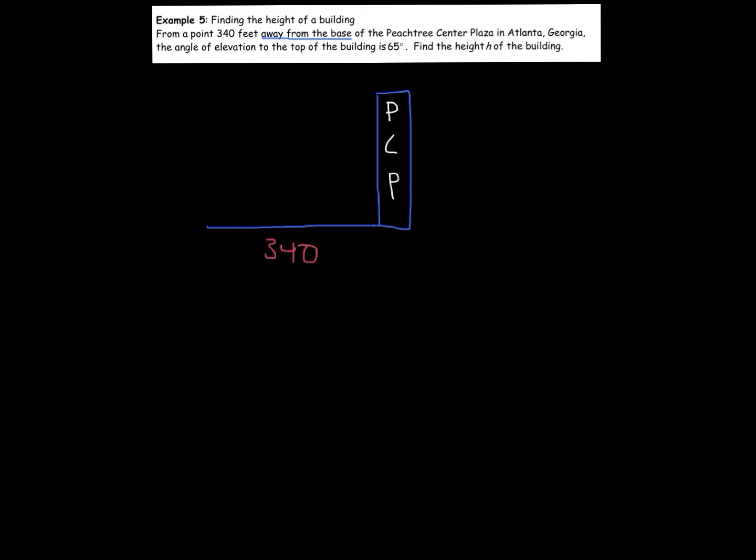The angle of elevation is nothing more than the angle from somebody standing on the ground looking up to an object on top of a building. That angle is 65 degrees. And what are we looking for in this problem? The height of the building. So we'll call that H.